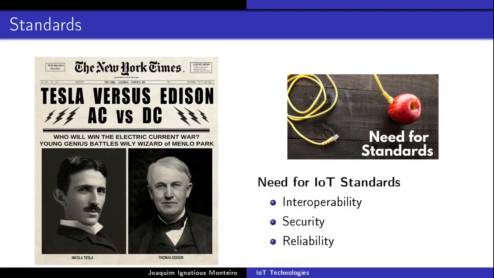Say you take equipment made by a Chinese vendor and equipment made by an Indian vendor, they should be interoperable. There shouldn't be any change. Security and reliability are also key things of this standardization process. We are more bothered about privacy, security, all those things much more than ever, as more and more devices are getting connected to the internet.